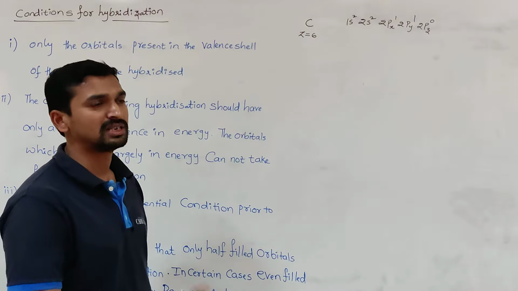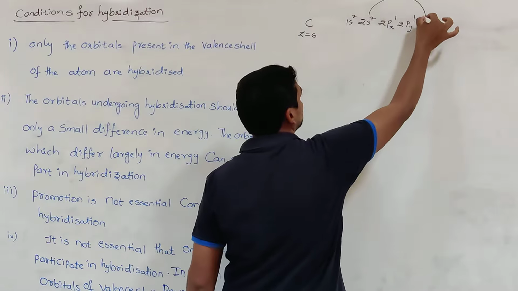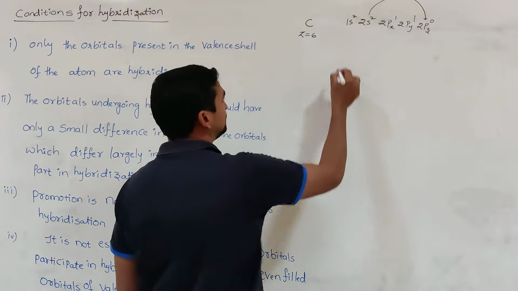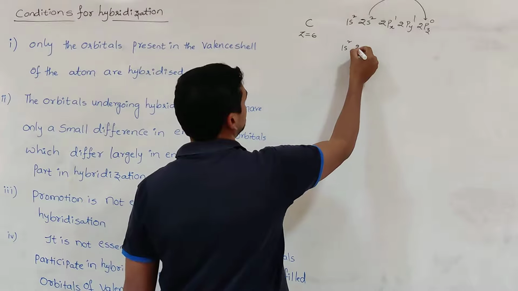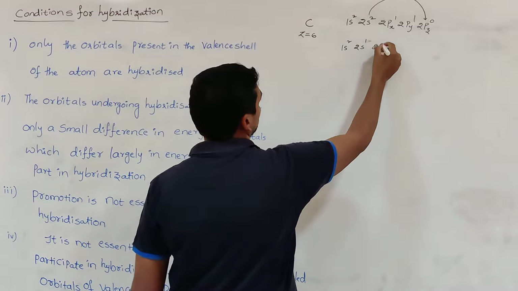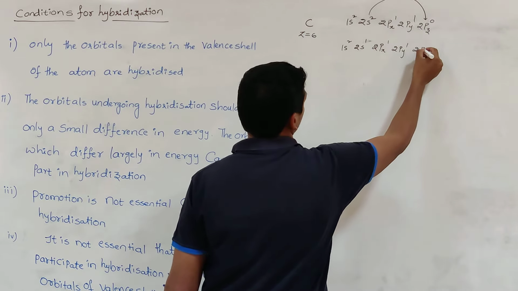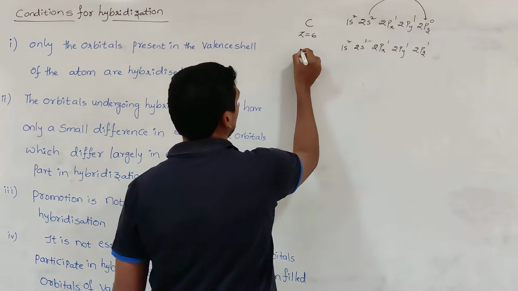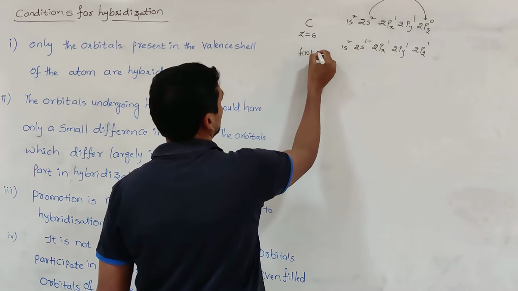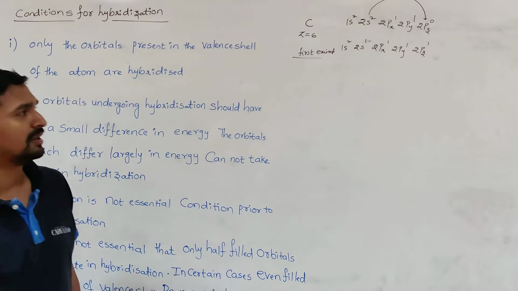But experimentally, the bond capacity of carbon is 4. That's why we need to promote an electron from the 2s orbital to the 2p orbital. Then 1s2, 2s1, 2px1, 2py1, 2pz1. This is the first excited state electronic configuration.